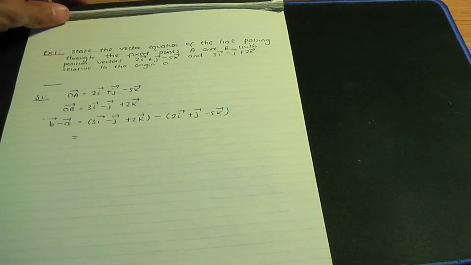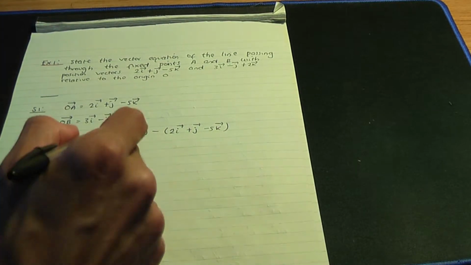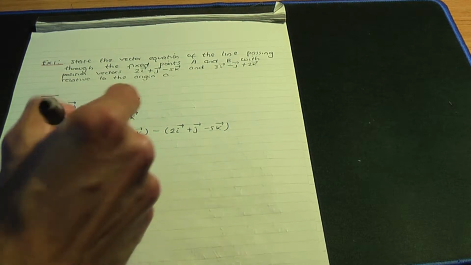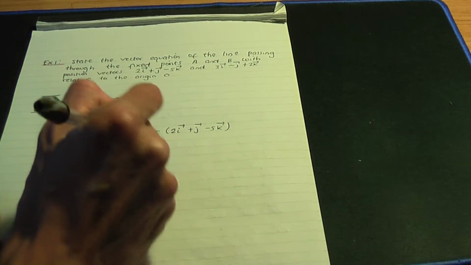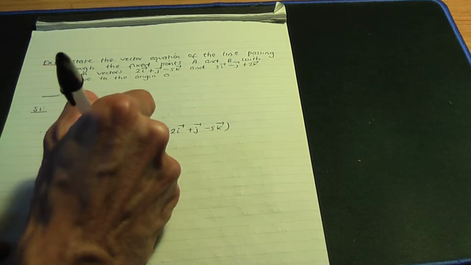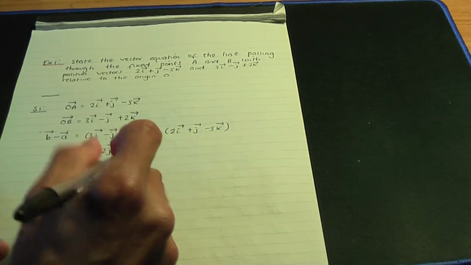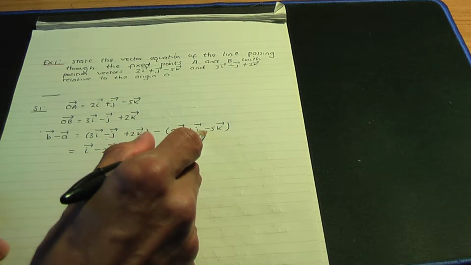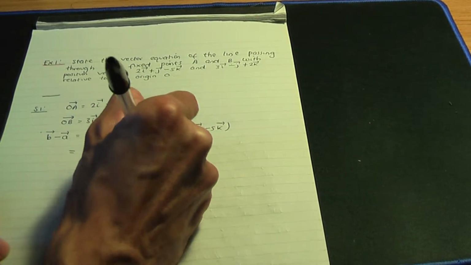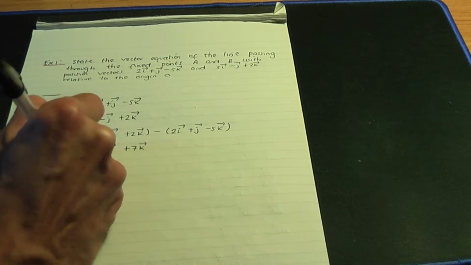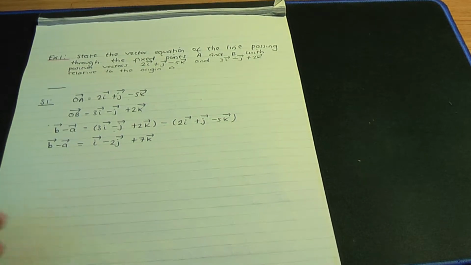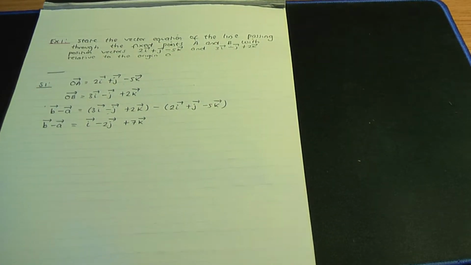If I add the like components, 3i minus 2i is i, minus j minus another j is minus 2j, and 2k minus minus 5k is 7k. So that is the vector b minus a. That is step number 1.